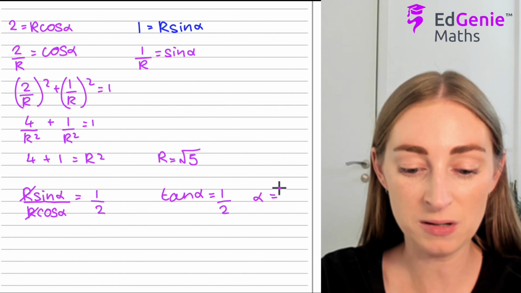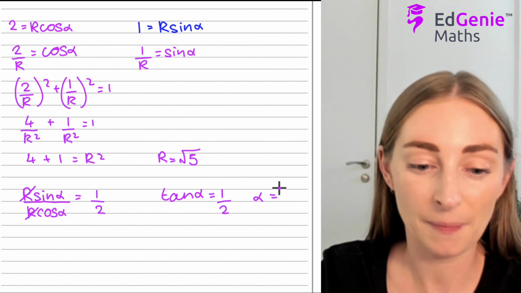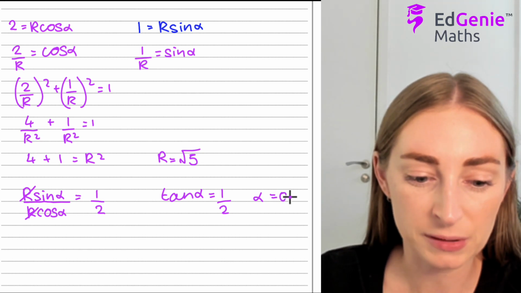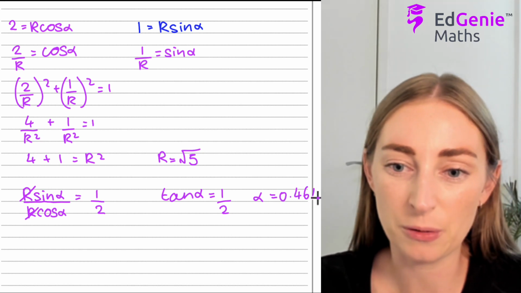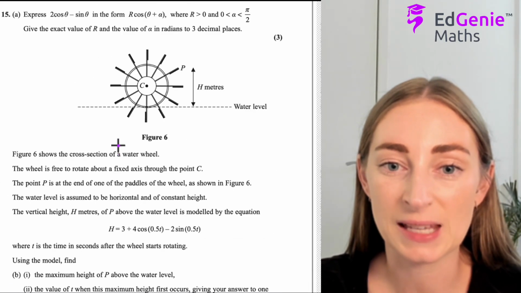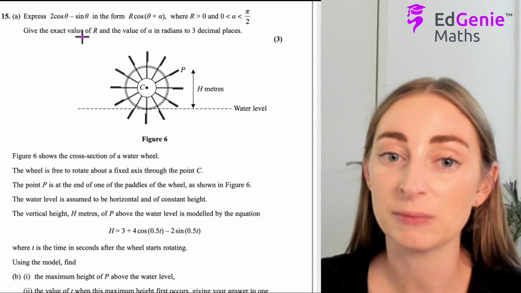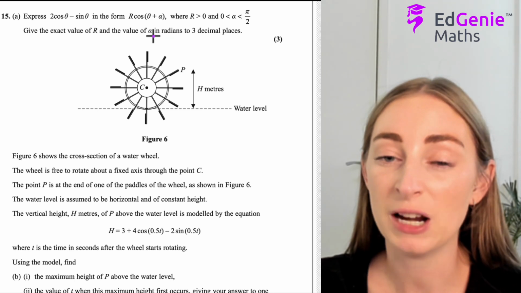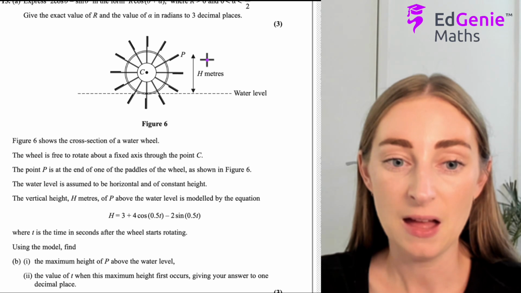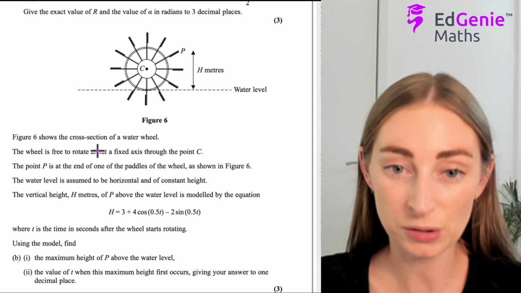Tan to the minus 1, make sure your calculator's in radians. And I've got not a nice number, 0.464. So let's just check. And the question said 3 decimal places. Good, so exact value of R, got that. Alpha in radians, 3 decimal places. Perfect.